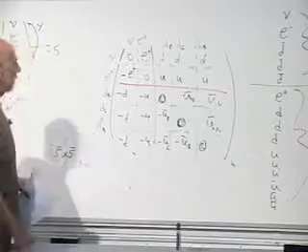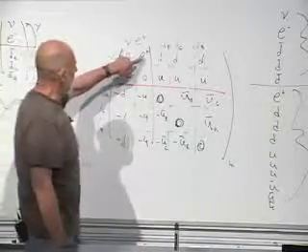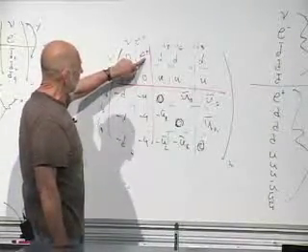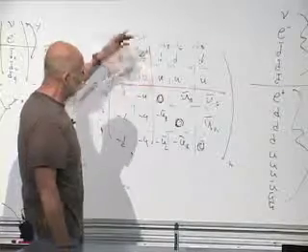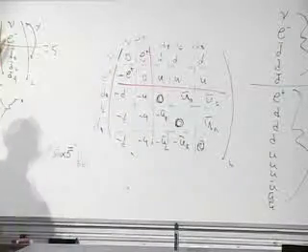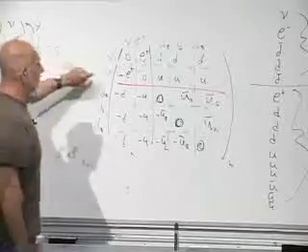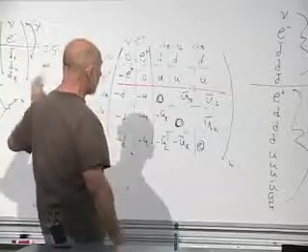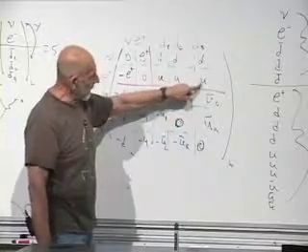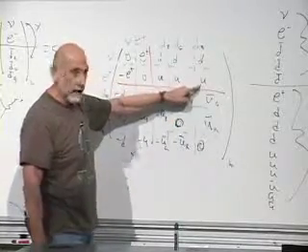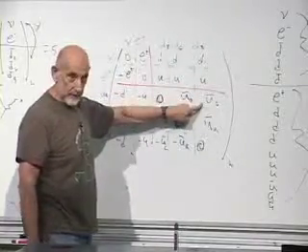Now let's see if I can figure out what. It takes the first element to the second element, to the third element, let's say. Here's the second element in the column, and here's the third element in the column.